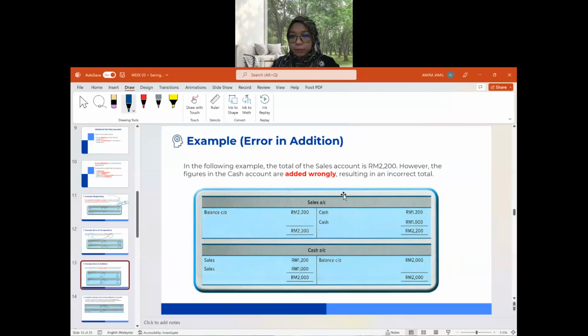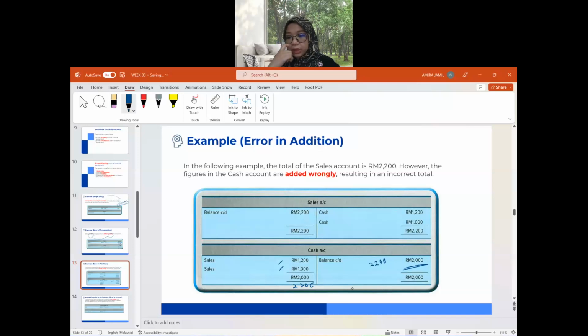Then we have error in addition. In the following example, the total of the sales account is 2,200, but the figures in the cash account are added wrongly. For example, 12 plus 1,000 here should be 2,200, but you record it as only 2,000. So it should be 2,200 here to become balanced.